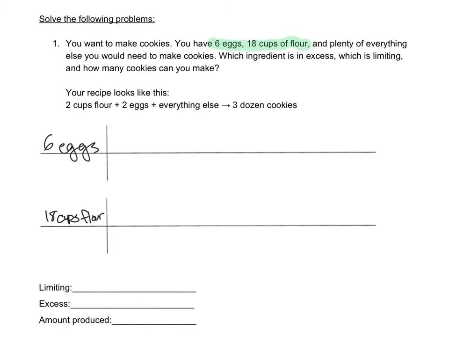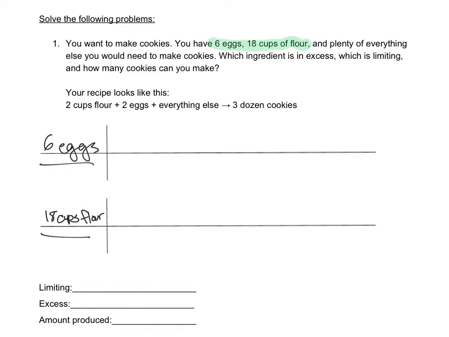That's what we've got. And our recipe says that 2 cups of flour plus 2 eggs and everything else makes 3 dozen cookies. So our strategy here is we're going to take our 6 eggs and see how many cookies they will make, and our 18 cups of flour and see how many cookies that will make. And we're going to do that using the recipe.